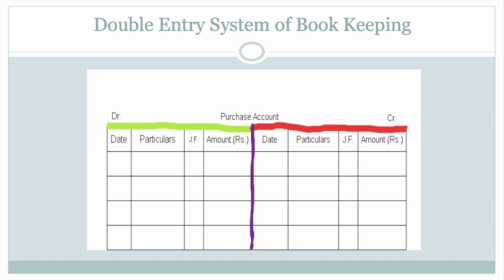Whenever a transaction takes place on a particular day, we record the date, the details of the transaction, the amount of that transaction, and the journal folio. So, how do we record transactions in this format? But before discussing that, let us first discuss the features of the double entry system of bookkeeping.